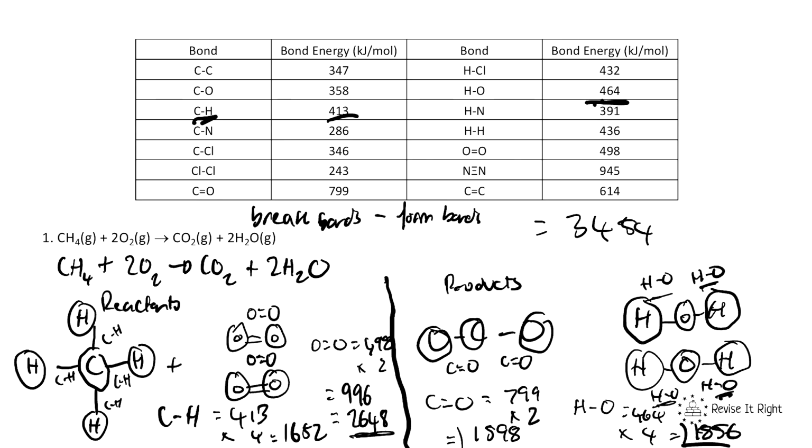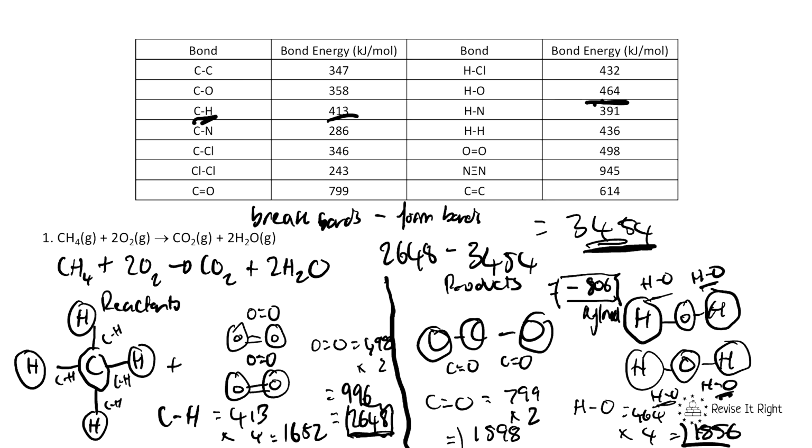So it would be 2,648, which comes from here, take away 3,454, which comes from there, and we put that in the calculator. 2,648 take away 3,454 gives you a total of minus 806 kilojoules per mole. And you'll remember from before that a minus number means that it's an exothermic reaction.